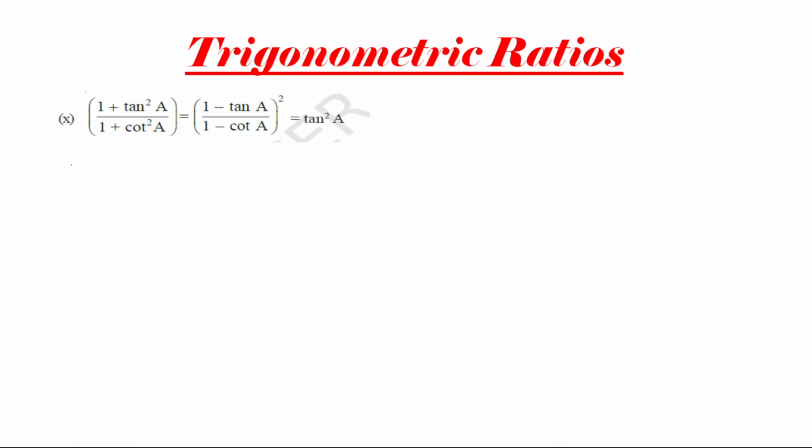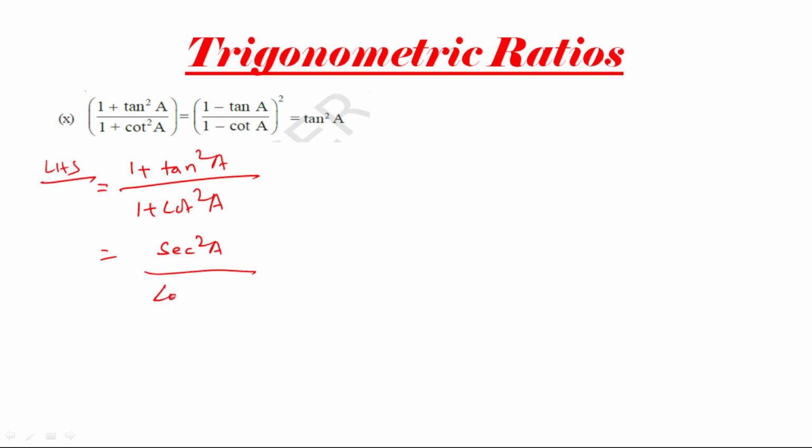LHS is 1 plus tan square A by 1 plus cot square A. Okay, so 1 plus tan square A, the formula is secant square A. 1 plus tan square A is equal to secant square A, and 1 plus cot square A is cosecant square A. Right? Whereas it should be equal to tan square A.